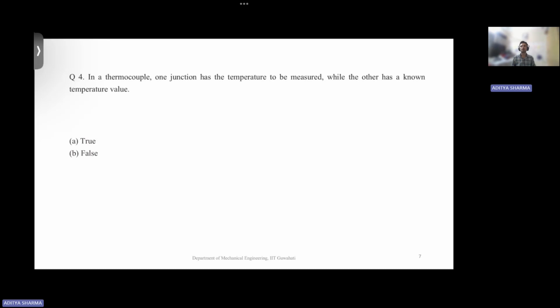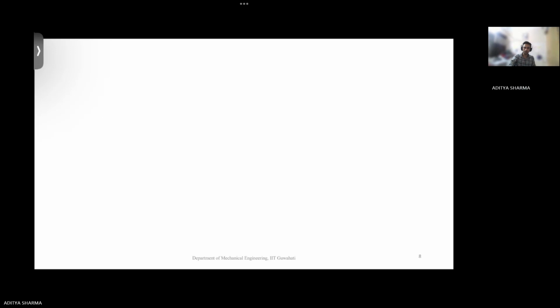Whether this is correct or not. So this is a true statement. In one junction, you have to measure the temperature, while the other has a known temperature value. And the Seebeck principle you use in thermocouples basically says that when heat flows through a metal, you get an EMF there.